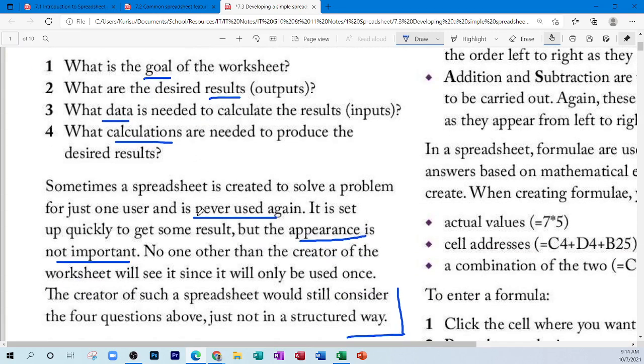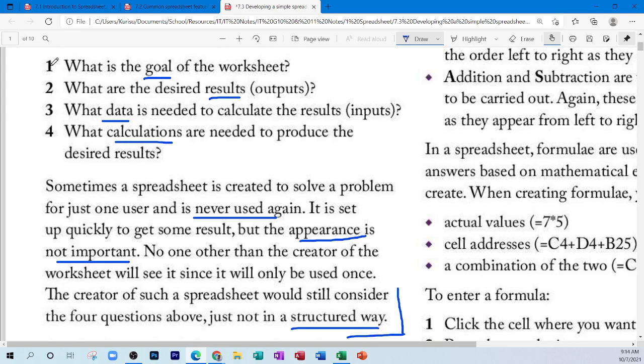Now, in some cases, like Emmanuel's case, you may only use a spreadsheet once. You only have to use it one time because somebody gave you an assignment, or you want to record some sort of data to see the results. So the order of the questions might not be in a structured way.